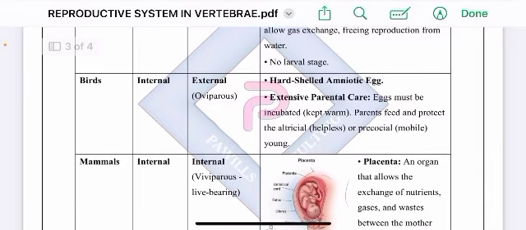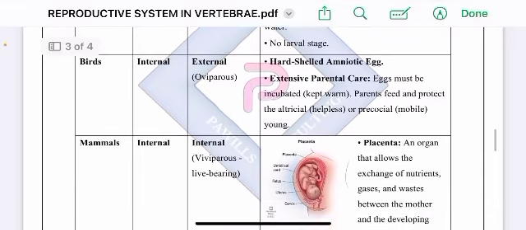And there's extensive parental care. The eggs must be incubated. After the eggs have been laid by the mother, the eggs must be incubated, either using an incubator or the mother sitting on the eggs for some time, keeping the eggs warm while formation is going on.